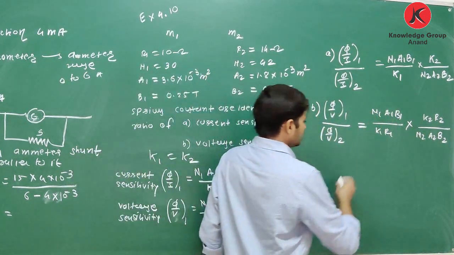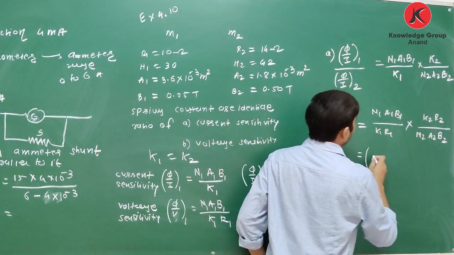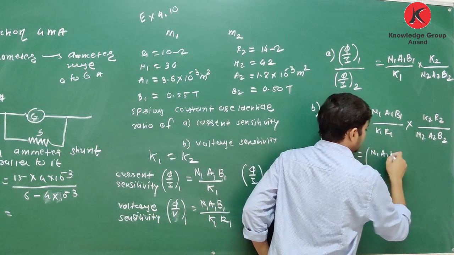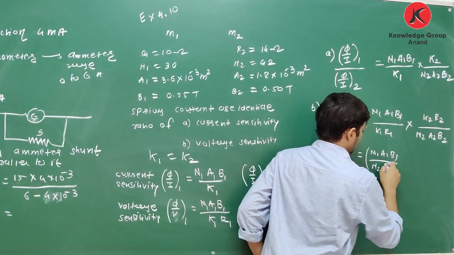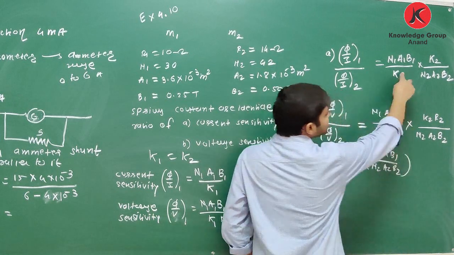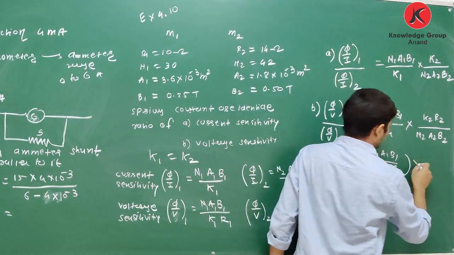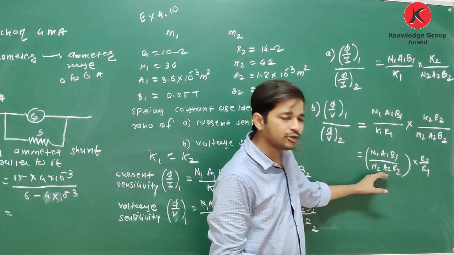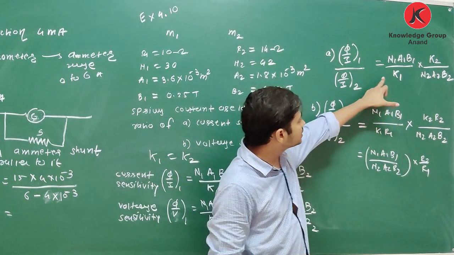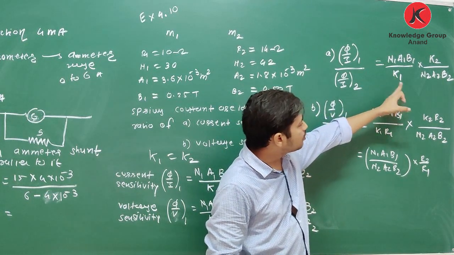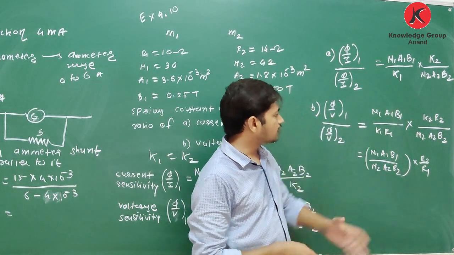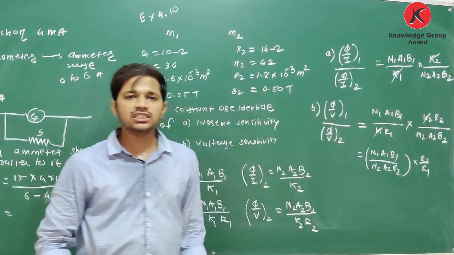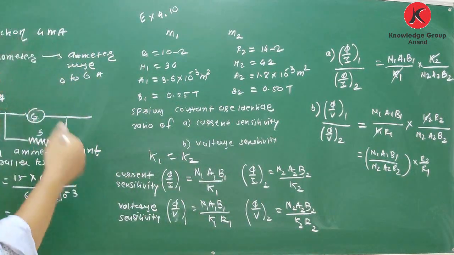See here, K1 and K2 will cancel out. So yes, you know the value of N1 A1 B1 upon N2 A2 B2 from question number 1. You just have to multiply by R2 upon R1. So yes, you do not have to calculate another time. Okay, you know the answer of N1 A1 B1 upon N2 A2 B2. So yes, you can easily find it, because K1 and K2 cancel out. So it is one question that you can easily find.